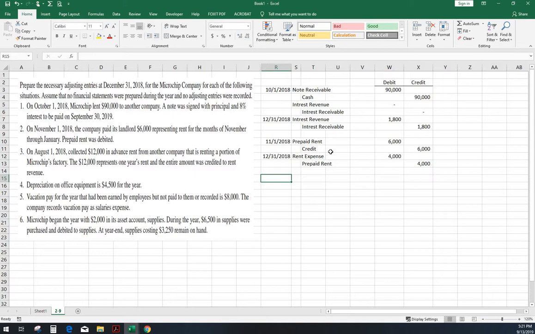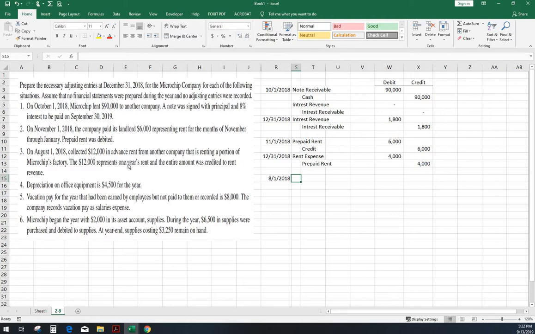All right. Next transaction. On August the 1st, collected $12,000 in advance rent from another company that is renting a portion of Microchip Factory. The $12,000 represents 1 year's rent, and the entire amount was credited to rent revenue. Okay, so August 1st, that's 8-1-2018.